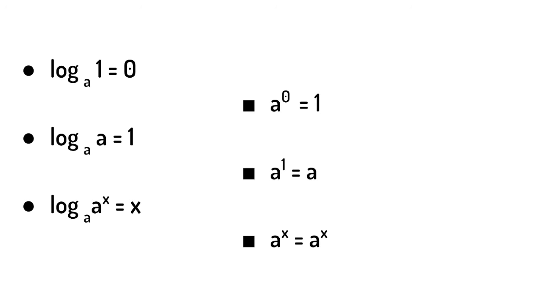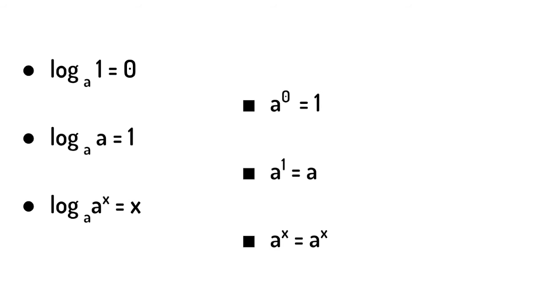The first rule is that log base a of 1 is always 0. This is because any number powered by 0 is equal to 1. The second rule, log base a of a is equal to 1. This is because obviously anything powered by 1 is itself.